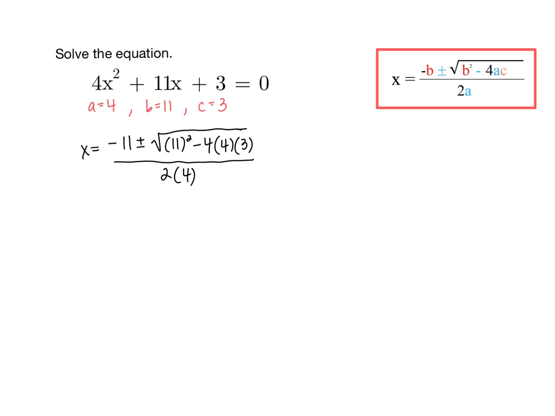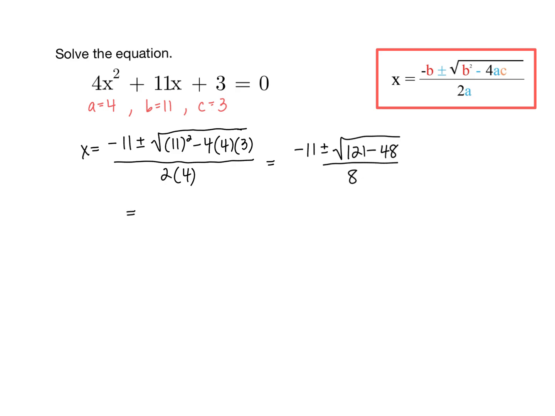Now, let's simplify this formula, simplify the fraction to represent both of the exact solutions. Let's do it. We will have negative 11 plus or minus the square root of 11 squared is 121 minus 4 times 4 is 16 times 3 is 48, all over 8.